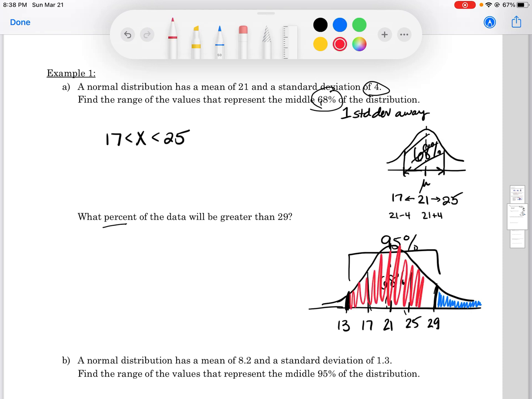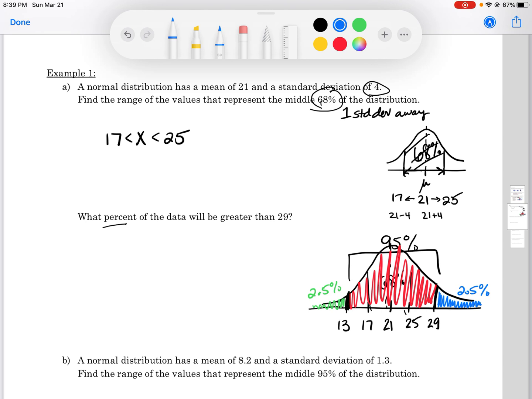So we have that blue section on the right and the green section on the left. The blue is what we are trying to find. If we know the red is 95% and the whole thing, the red, the green, the blue, all has to add up to 100%, we only have 5% to spare between the green and the blue. So if I take that leftover 5% and cut it in half, that means there's 2.5% over here in the green and 2.5% over here in the blue.